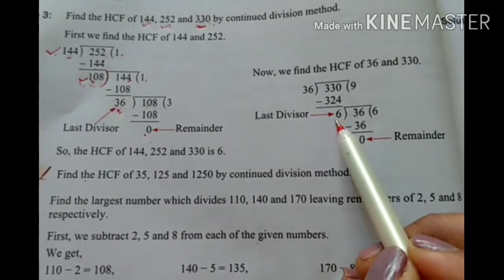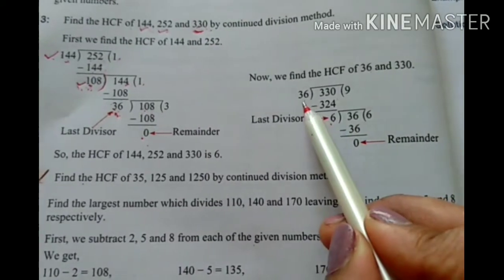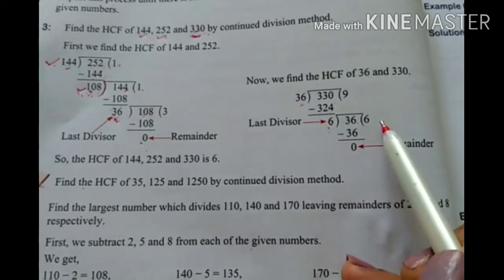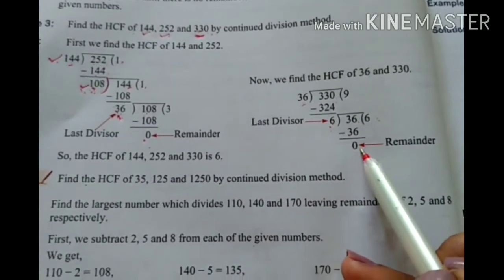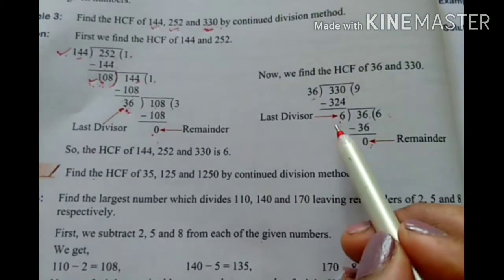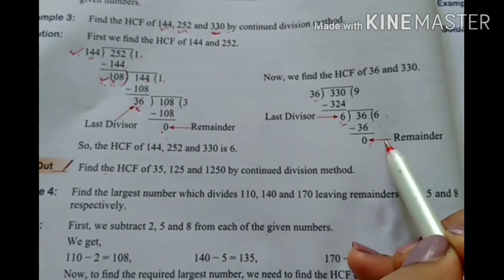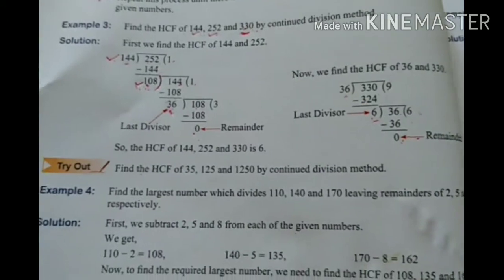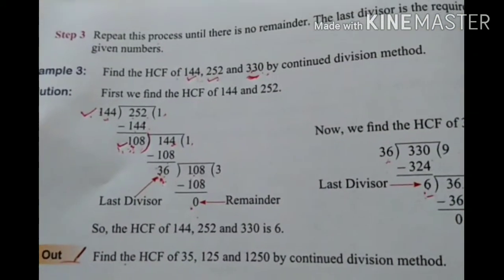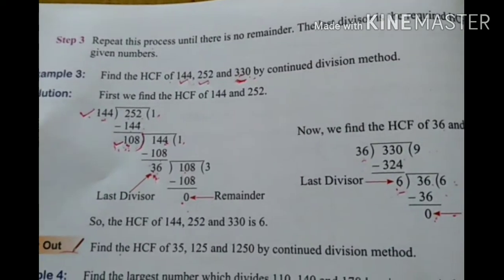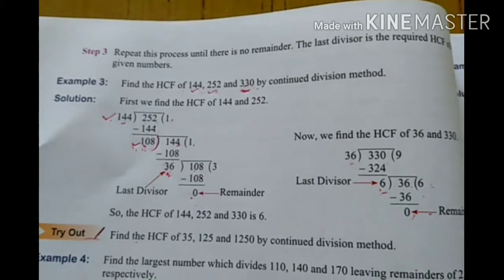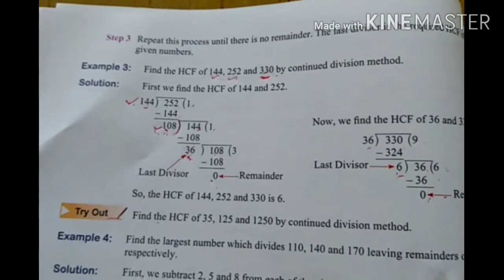Now this remainder is taken as divisor and the previous 36 will be taken as dividend. Recite the table of 6 till 6 36. Now you have got 0 as remainder. This last divisor will be the HCF of the given 3 numbers. Therefore, HCF of 144, 252 and 330 is 6. In this way you will get the HCF by the continued division method.